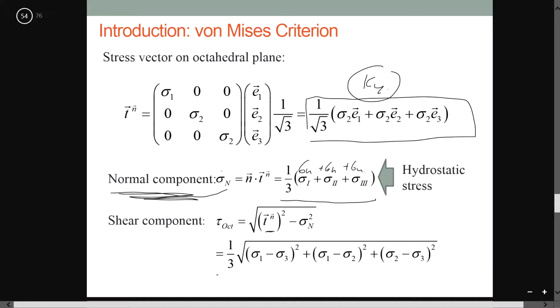Because all are in terms of vectors, they are squared, and in terms of a Pythagorean system, what you have is a shear component, the deviatoric, the pure shearing of the component itself.